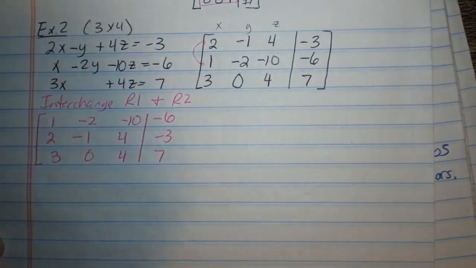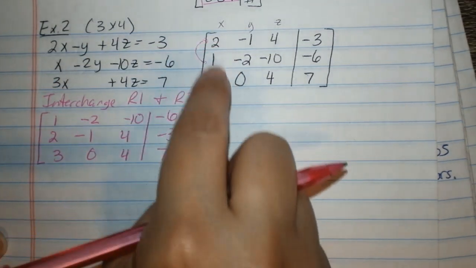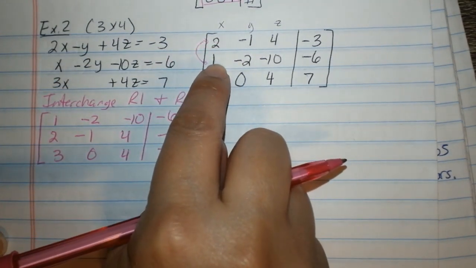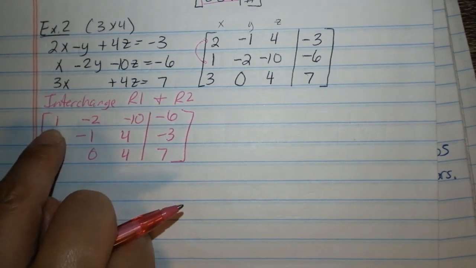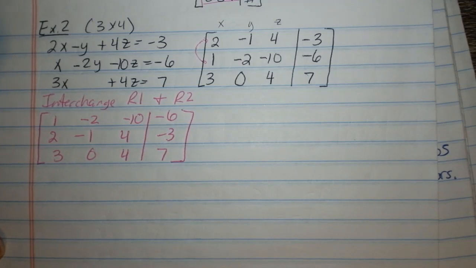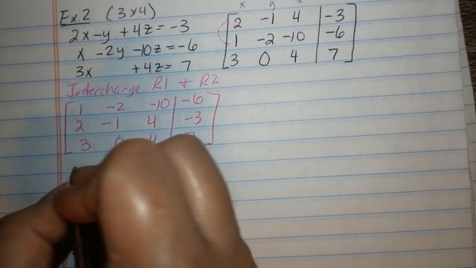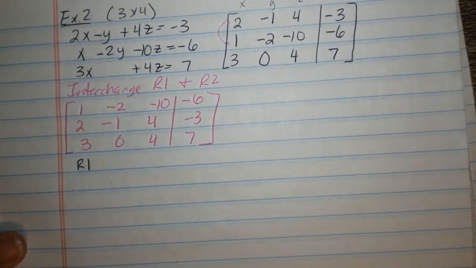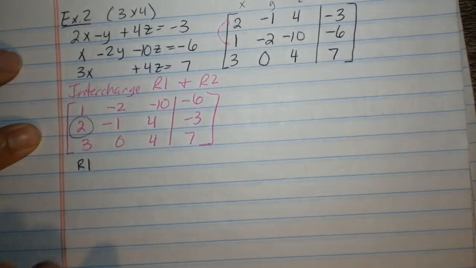Now, how did this help? Because guess what? I already have a 1. This is why you want to interchange, because of that 1 right there. So now that I have a 1, I have to worry about making the zeros below. The rule to make a 0 is you take the row that has the 1, which is row 1, you multiply by the opposite of the number you're trying to make a 0.